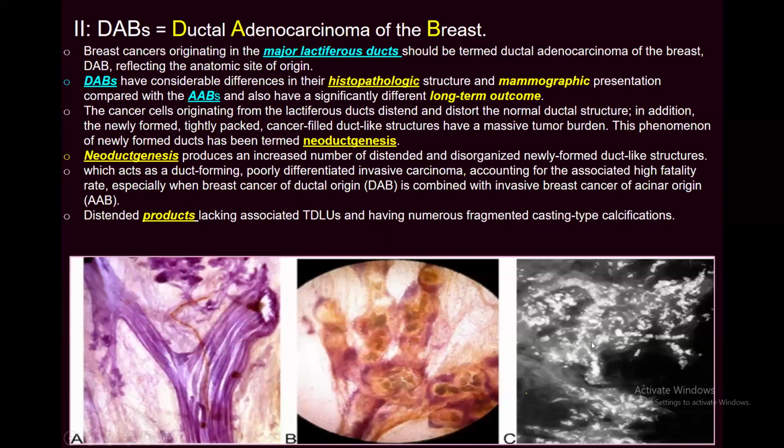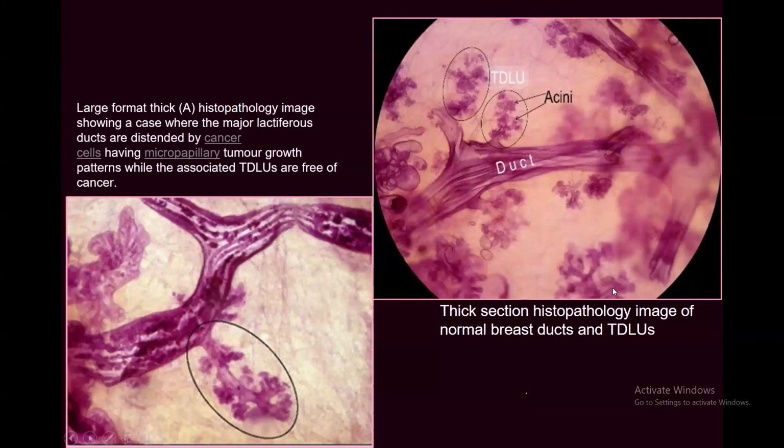You can see here casting calcification, but look at the numerosity. It is disproportionate to the number of ducts. We cannot find numerous ducts adjacent like this, but this is due to the phenomenon of neoductogenesis: they form duct-like structures which are disorganized, as we have seen in these examples.